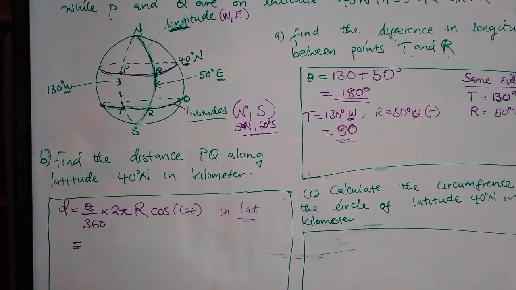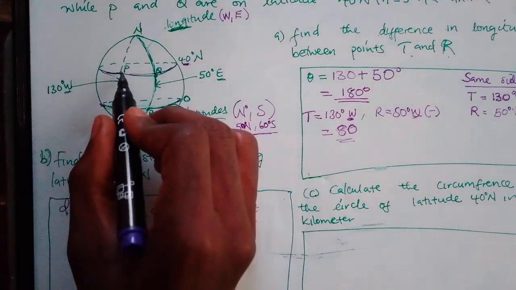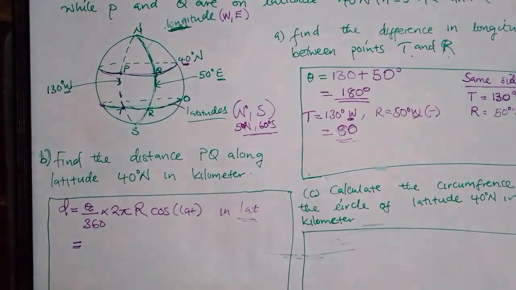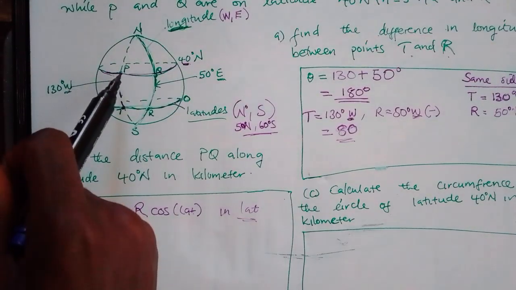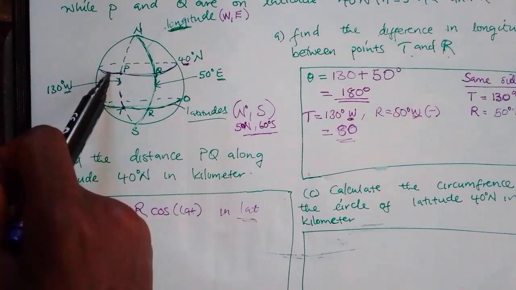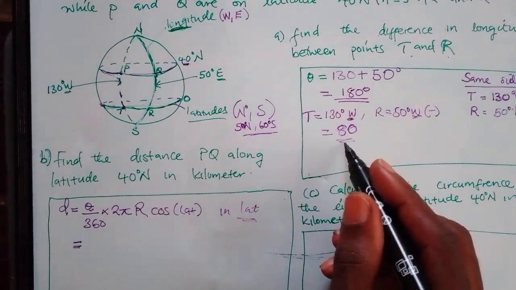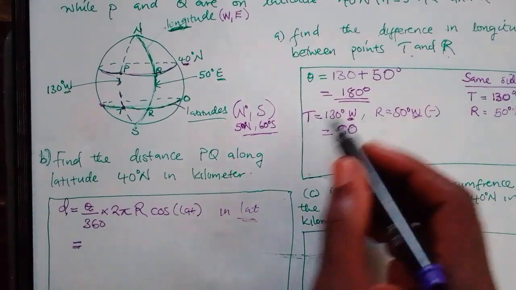So you say, what points are we looking for? So the points we are looking for is P and Q. So remember, P and Q, the difference we calculated in the first question.